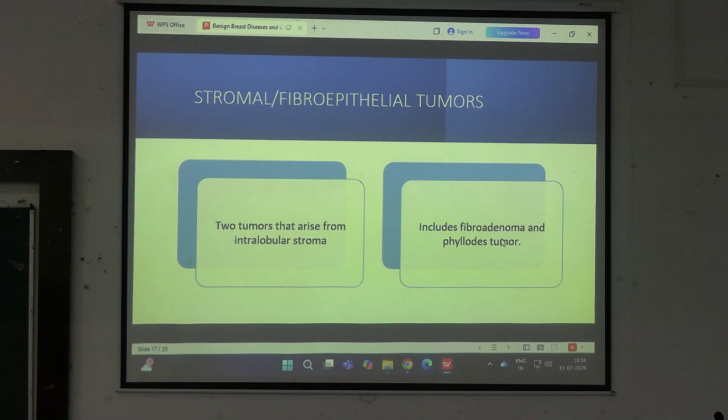Fibroadenoma is benign, and phyllodes is mostly benign, but it also has a malignant counterpart. These tumors arise from the intralobular stroma. We have stroma of two types: intralobular, meaning within a lobule, and interlobular, between two lobules.